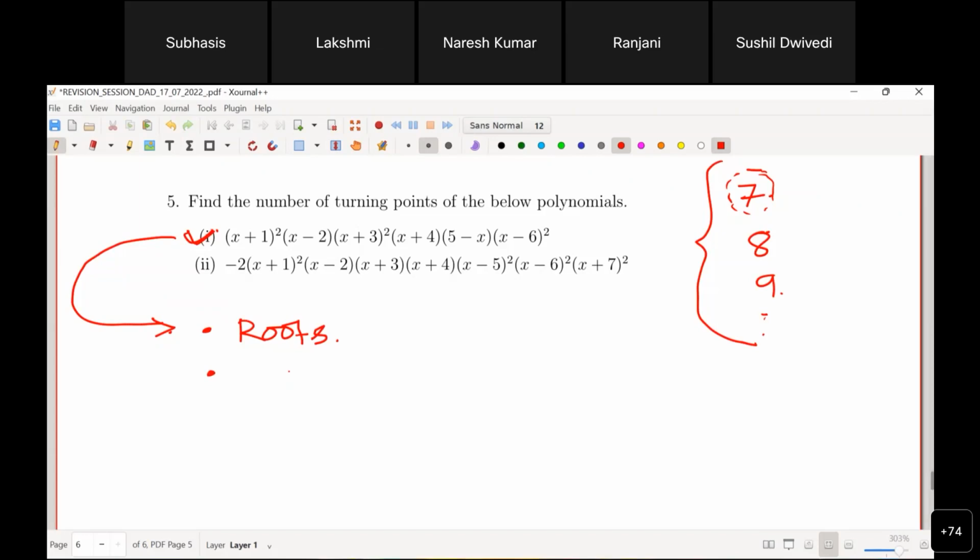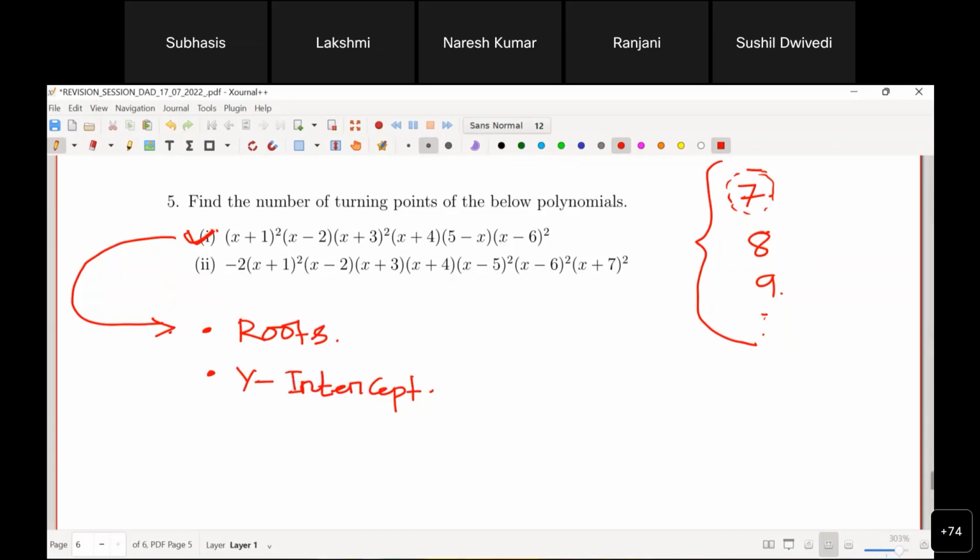The next thing: you can draw without knowing the y-intercept, but it's always better to find the y-intercept also. So the next thing is you need to find the y-intercept.